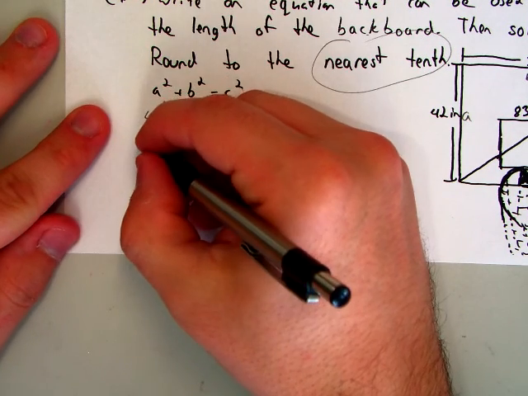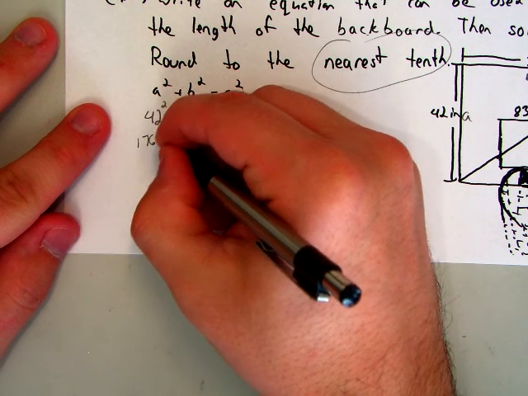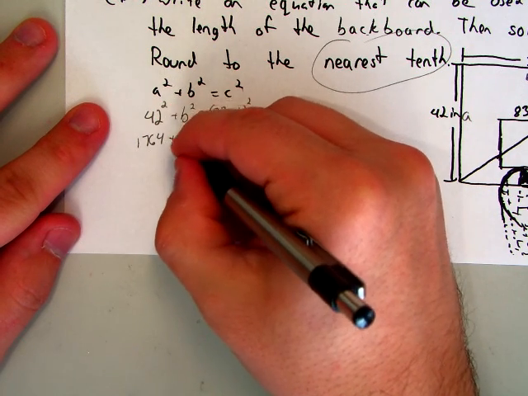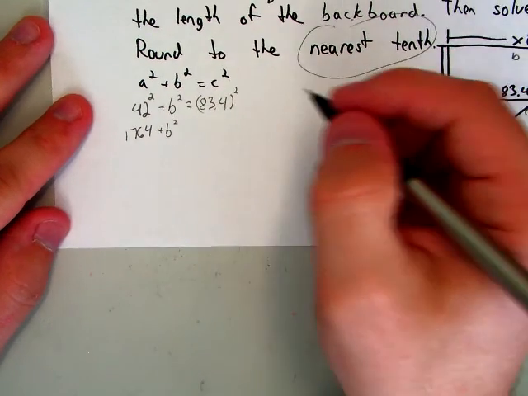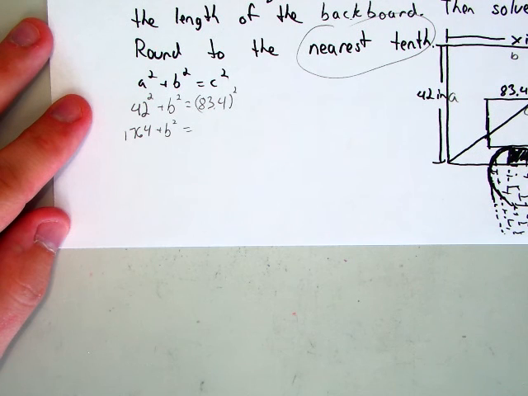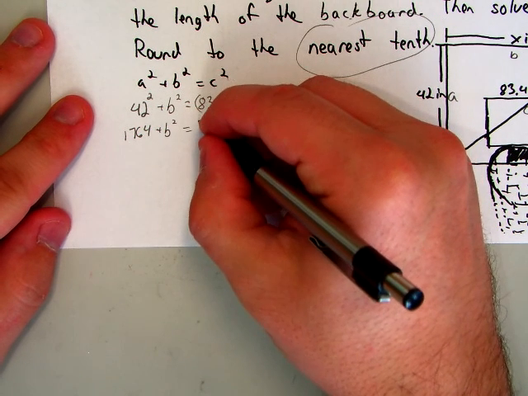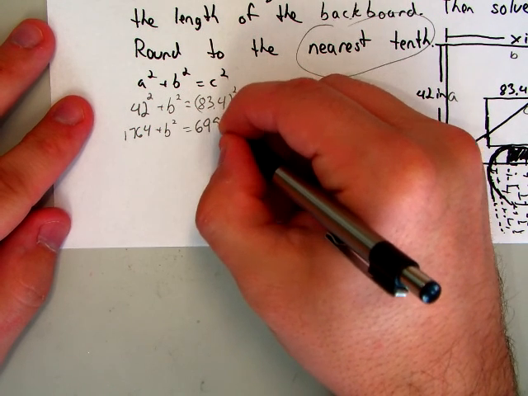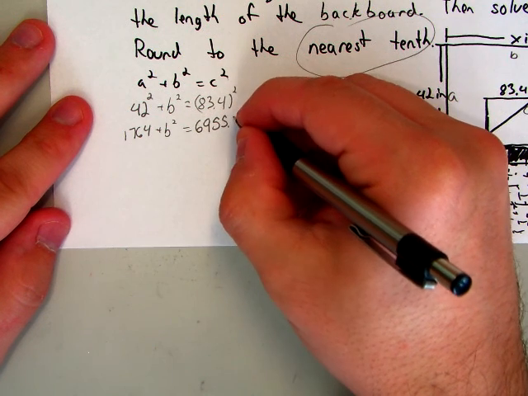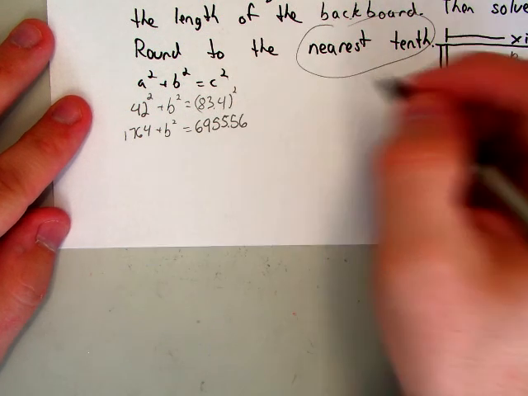Now, 42 squared, this would be a calculator problem, but 1,764 plus B squared, and then 83.4 squared is, again, a calculator problem, but 6,955.56.